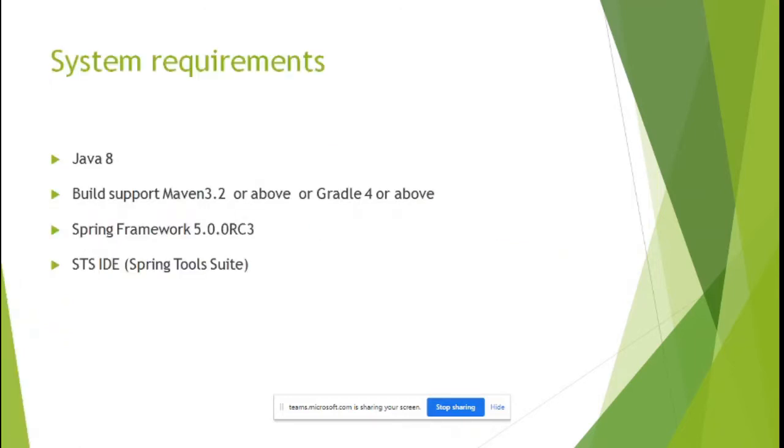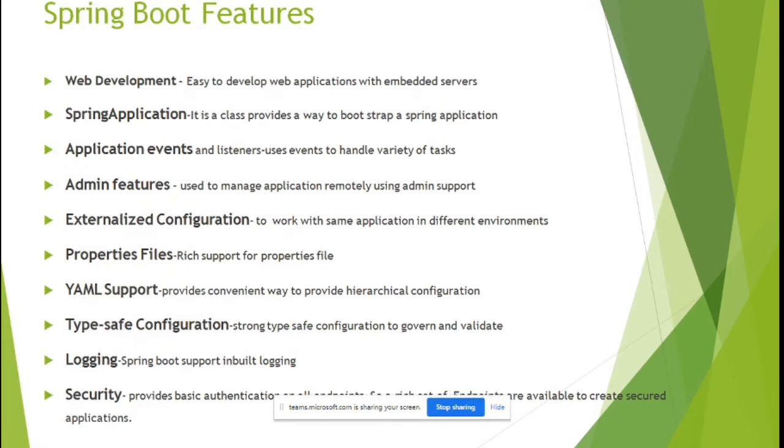Here the system requirements, as we are discussing: the IDE, Java 8 and basic Spring knowledge. You can develop all types of web applications. We are going to use one new annotation called SpringApplication, which simplifies your application. You can use administration features.